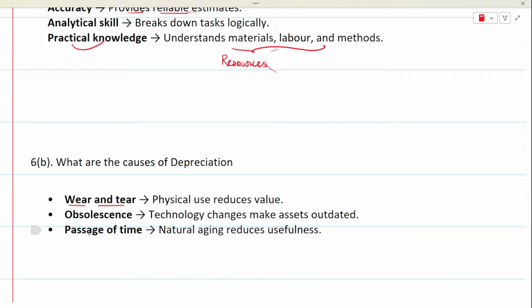Next is obsolescence. Any manufacturer who is fabricating a machine will be fabricating the machine with different generations. The variability will be there based on the additional features that are added. You could take the example of the mobile phone itself.